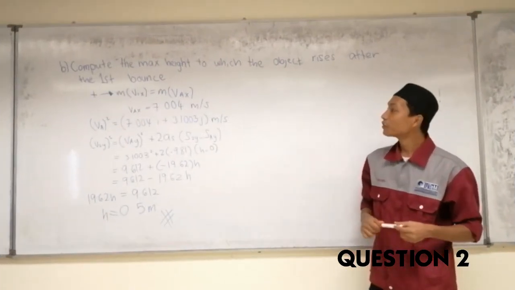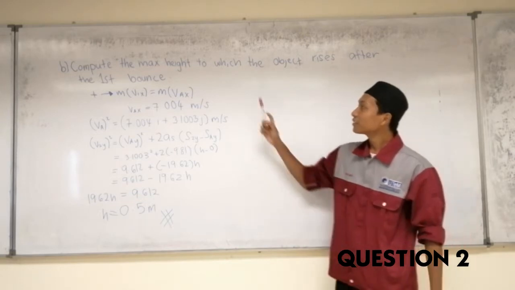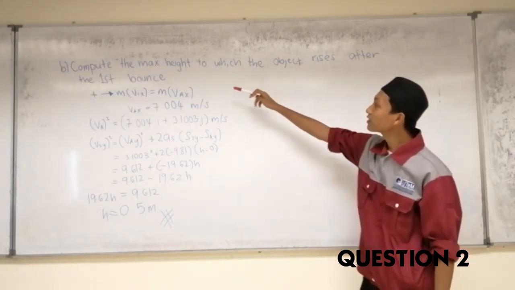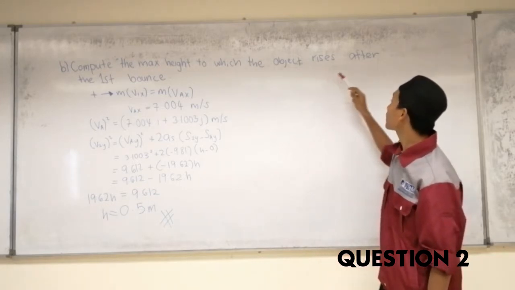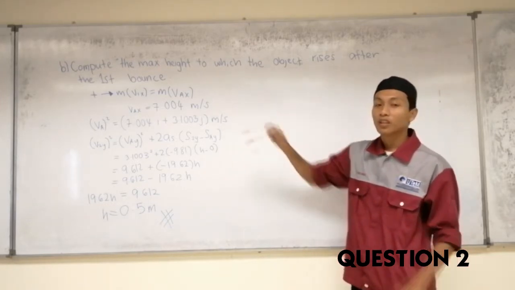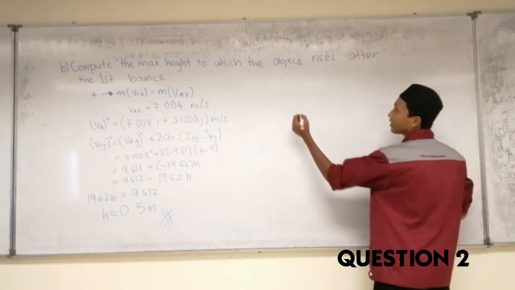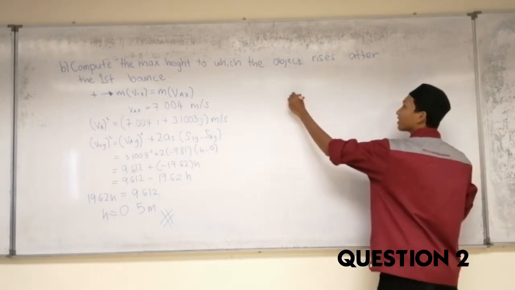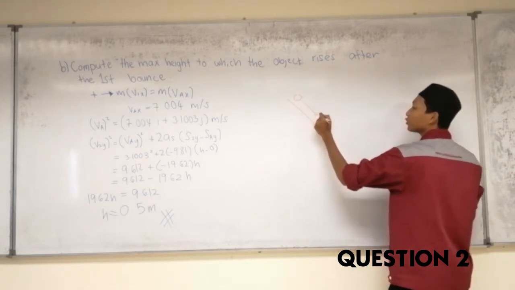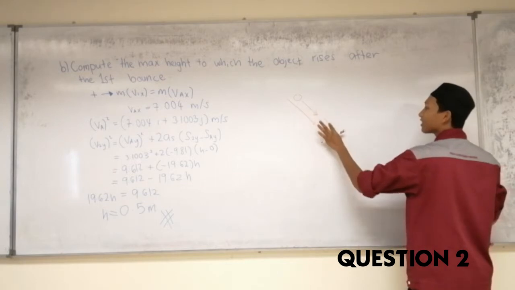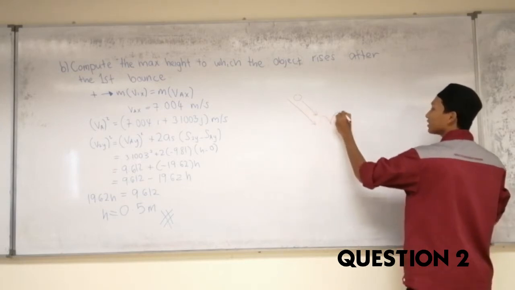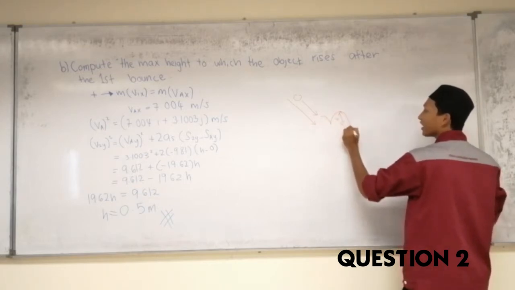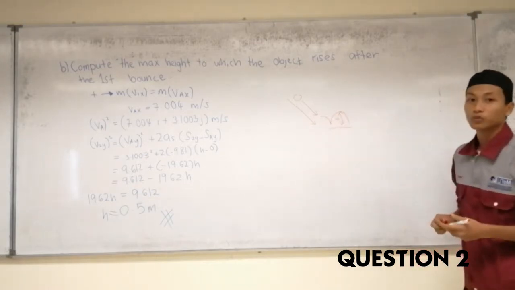Okay, next we continue to question 2B. The question asks to compute the maximum height to which the object rises after the first bounce. That means the object goes down and bounces like this, so we want to find the height of the first bounce.